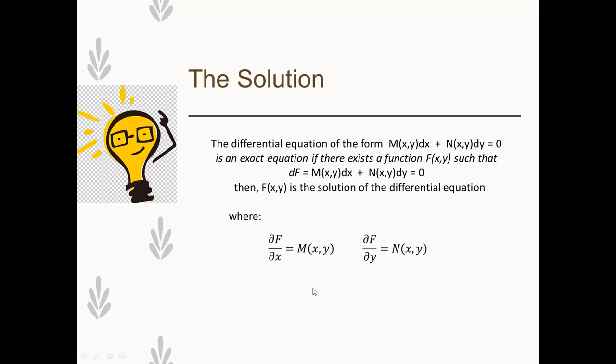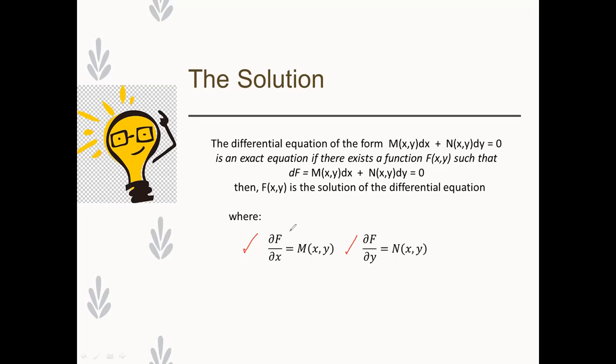You have this particular relationship that you need to recall, because we will remember it again later when we perform the process of determining the solution of your exact differential equation, that is, after you have already tested for exactness.